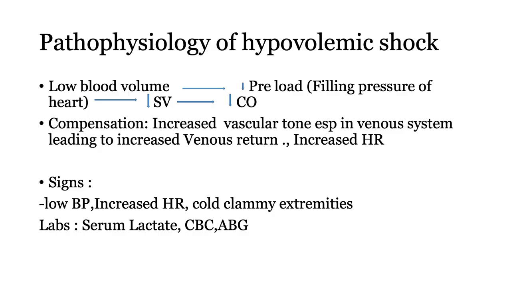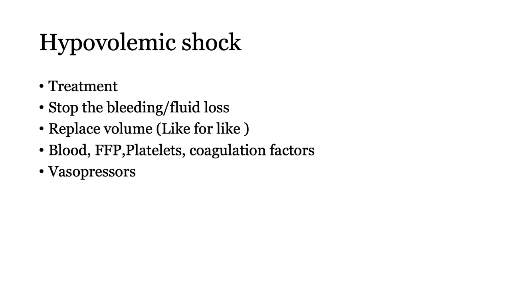We can do a CBC in order to see the blood levels. And then we can do ABGs, which assess oxygenation around the body. We shall go back to hypovolemic shock in our second lesson on shock in detail.